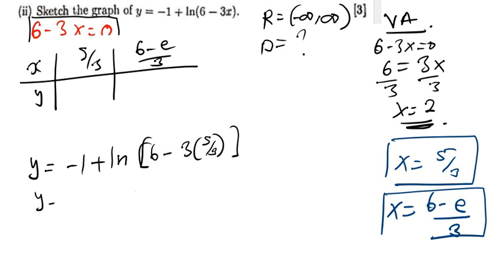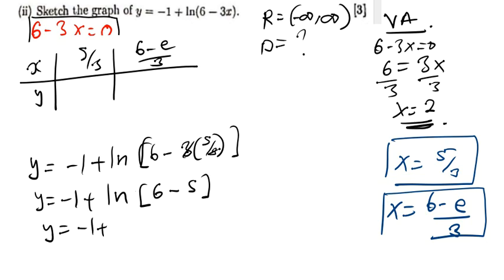So y will be equal to negative 1 plus natural log of 6 minus, if I multiply this, 15 over 3. The 3s cancel and I have 5. So y is equal to negative 1 plus natural log of 1. Natural log of 1, regardless of the base, is 0. As long as you have log of 1, it is 0, regardless of the base. Therefore y is negative 1.